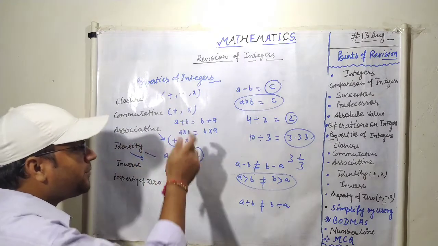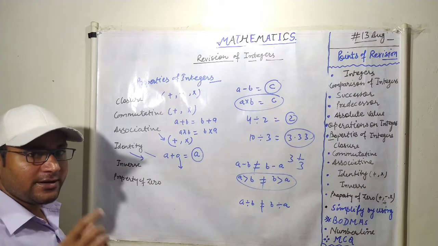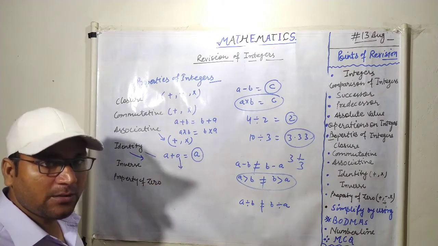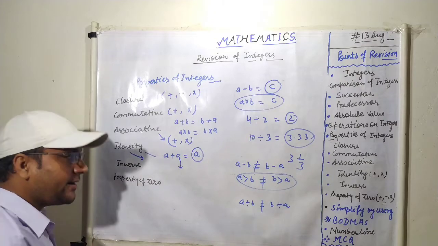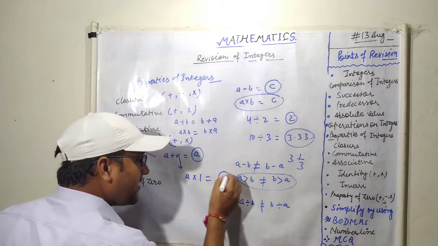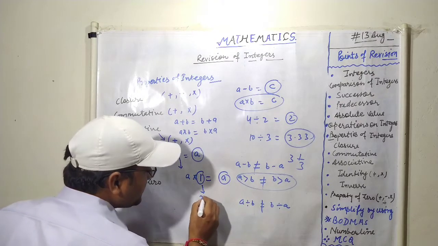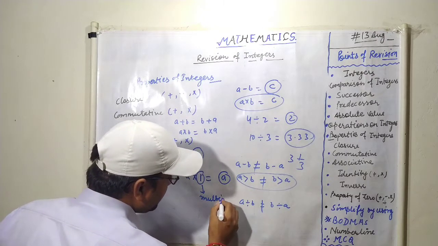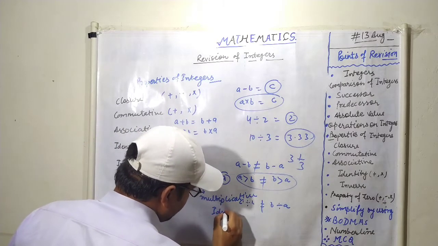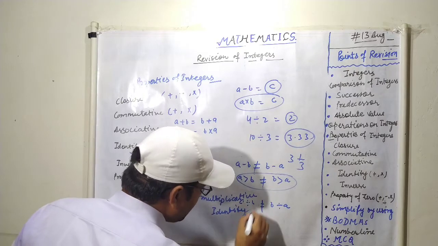What is called the multiplicative identity? If by multiplying a number there is no effect on the given number, that is called the multiplicative identity. If you multiply a with 1, you get the same a. So 1 is called the multiplicative identity.